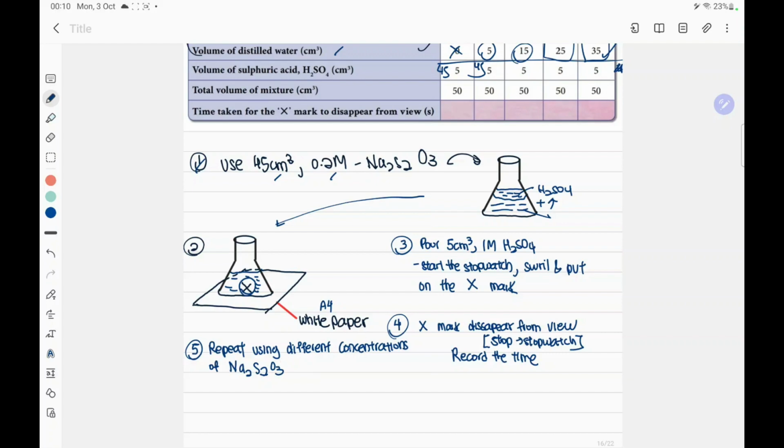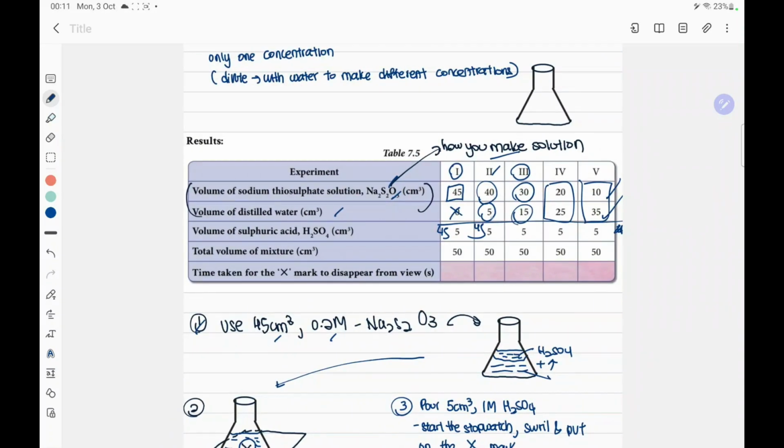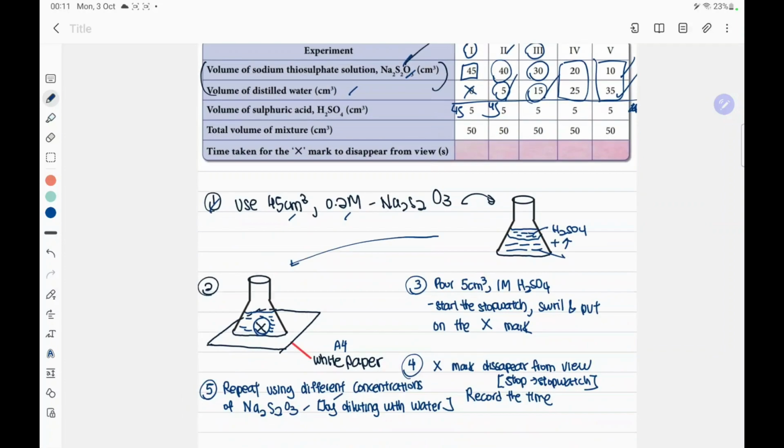How do you get different concentrations? You need to dilute the sodium thiosulfate solution with water. Okay, you follow this table. The second time you dilute with 5 cm cube of water, the third time you dilute with 15 cm cube of water, and so on.